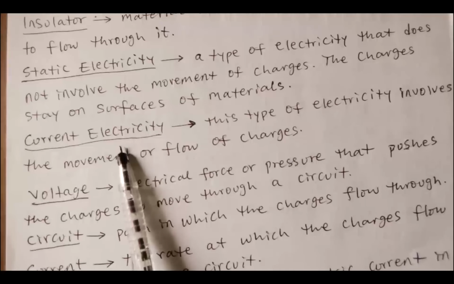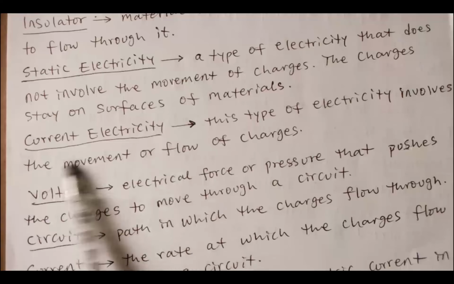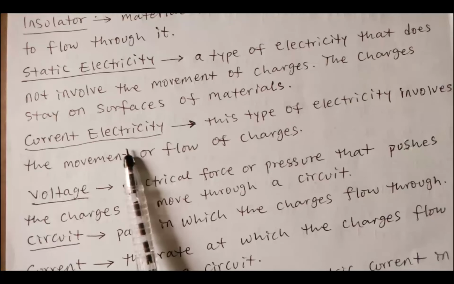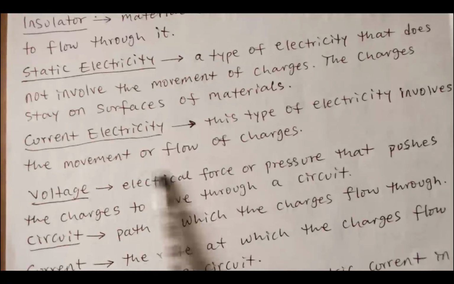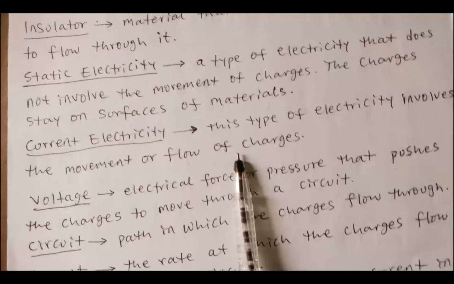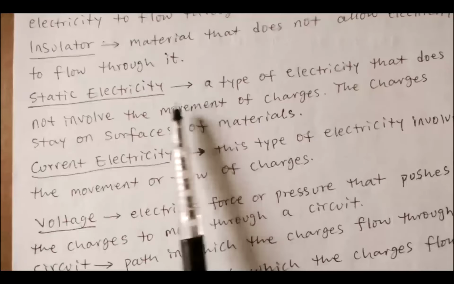So this is the type of electricity that we use in our homes, in our vehicles, or in our industries. So in this one, the charges flow through conductors or through semiconductors. While here the charges just stay on surfaces of materials.